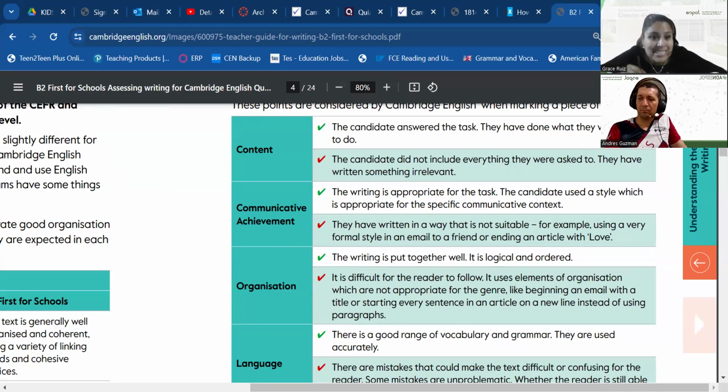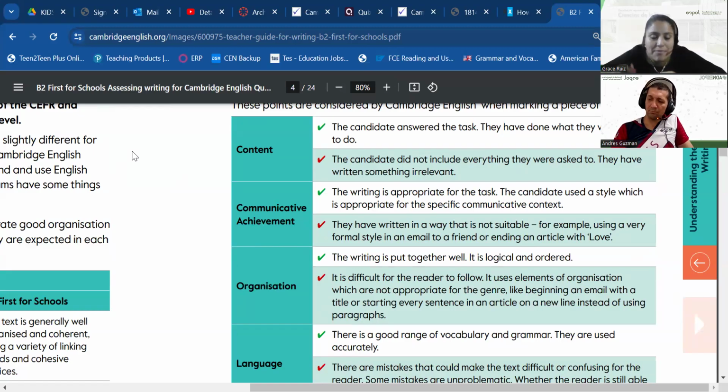Pero mientras esté organizado y no confunda al lector, no hay problema, ¿ya? Entonces ahí no va a interferir en nada en cuanto a la organización se refiere. Mientras esté organizado, mientras se entiende, no problem. It's going to be fine with organization, ¿ya?